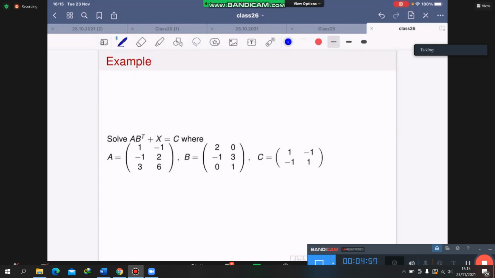So we have a system defined by this equation, A times B^T plus X equals C. First of all, if this system has a solution, you can rewrite it as X equals C minus A B^T. I'm subtracting A B^T from both sides of the equation.